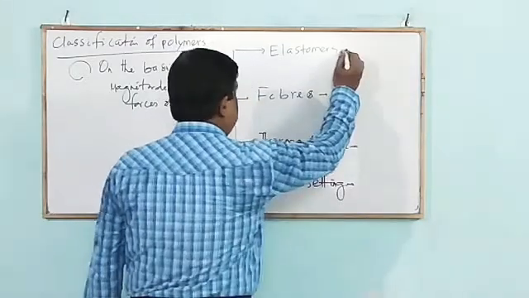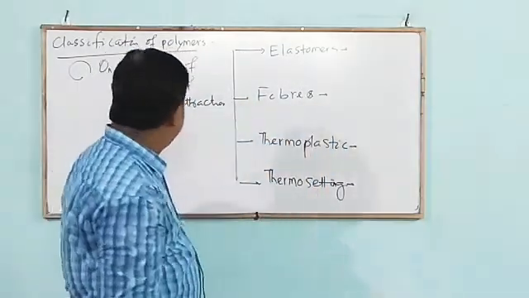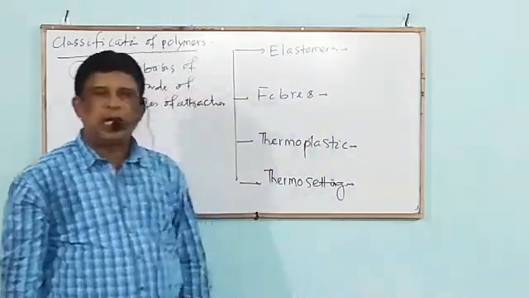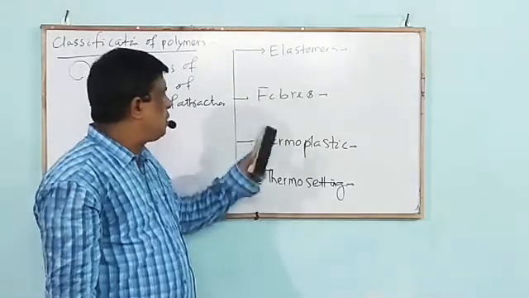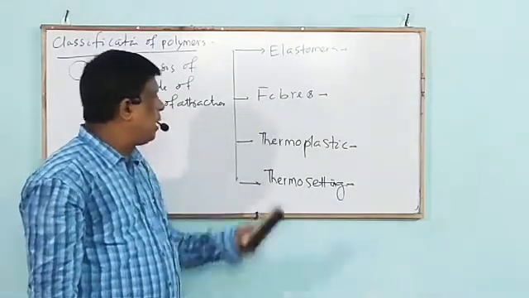Mark that. So, on the basis of forces of attraction, polymers are classified into elastomers, fibers, thermoplastic, and thermosetting.